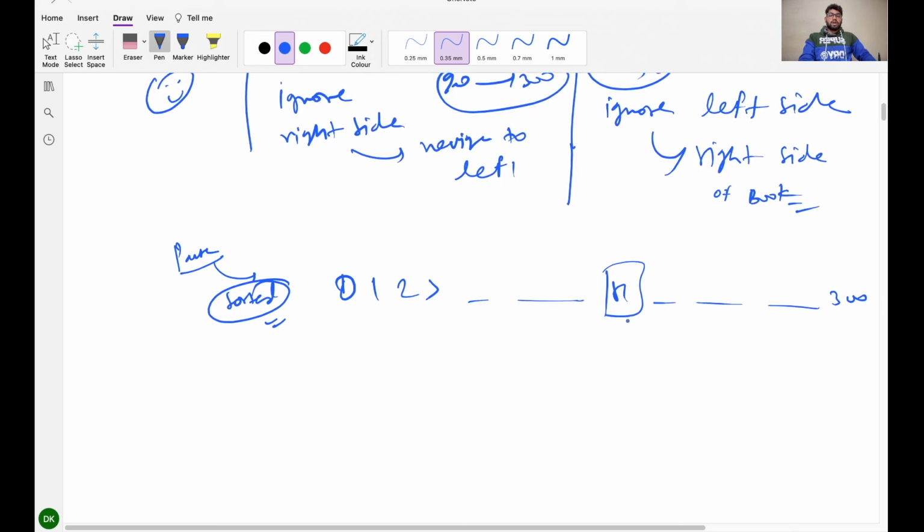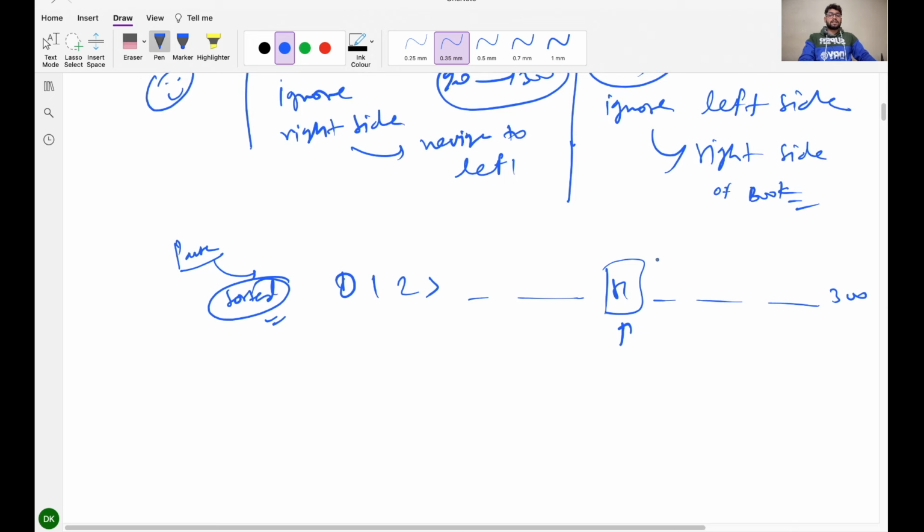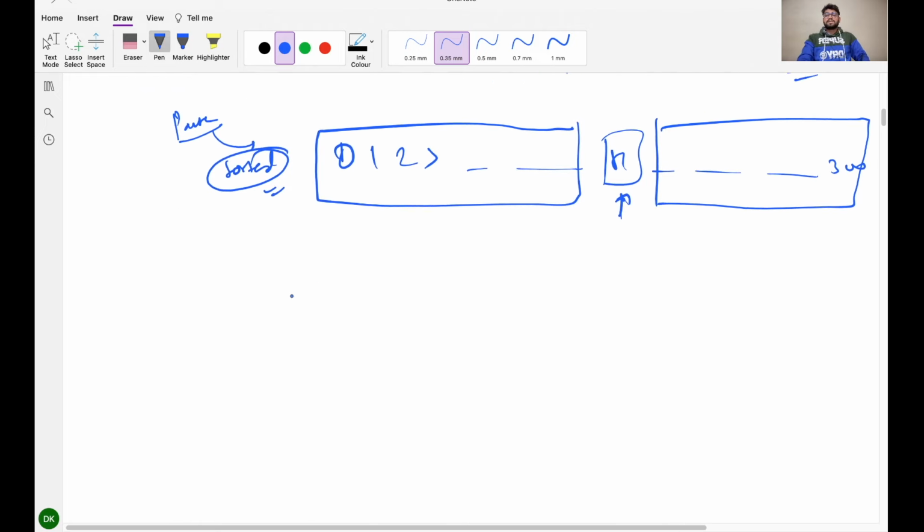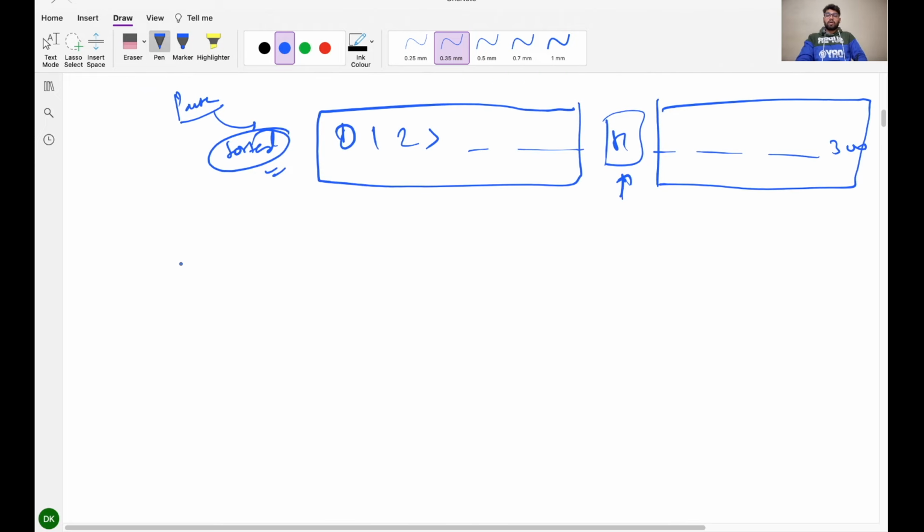So if I am at page x, then I can easily say that all the elements on the right side are greater than x, and the left side elements are lower than x. And this is the basic criteria for binary search. That means for binary search, the array should be sorted.